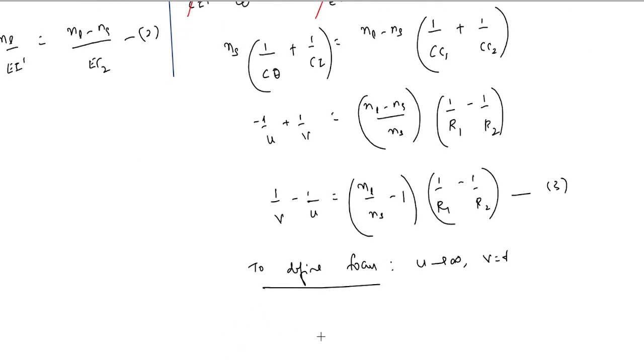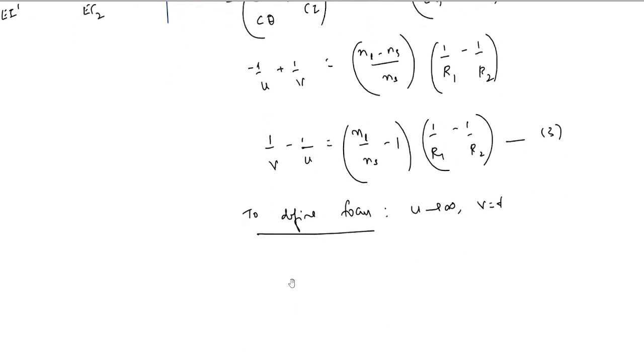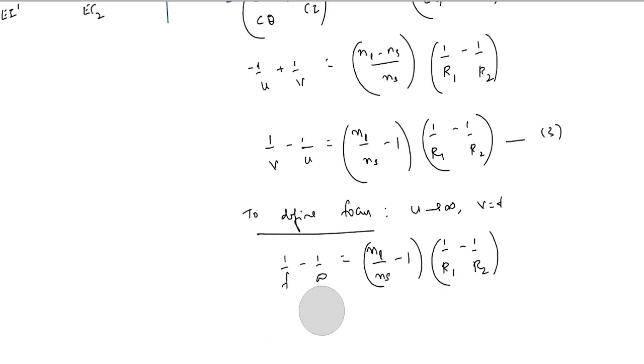So putting that in equation number 3, we get 1 by f minus 1 by infinity is equal to nl by ns minus 1 into 1 by R1 minus 1 by R2. Now this term, 1 by infinity, would be 0. Let's skip a step, we'll do directly here. This is what we get. We call it equation number 4.